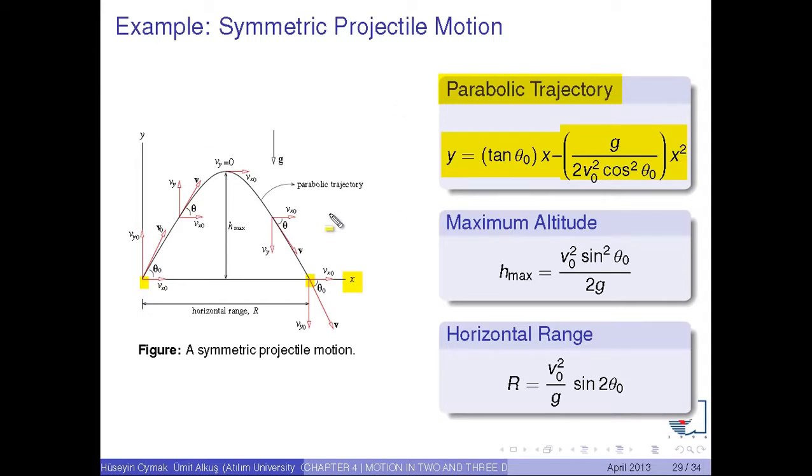And the maximum altitude h max is v0 squared sine theta 0 squared over 2g. And the horizontal range is R equals v0 squared over g times sine 2 theta 0. Okay, let's try these formulas in the following discussion.